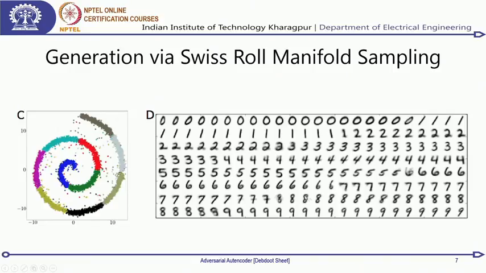Interestingly, you can actually choose which number is to be generated, and it will take a random value from that location to generate the number. So now you have control over the class of the image you would like to generate, which was not possible with the plain vanilla version of this adversarial autoencoder. This comes in much more handy.